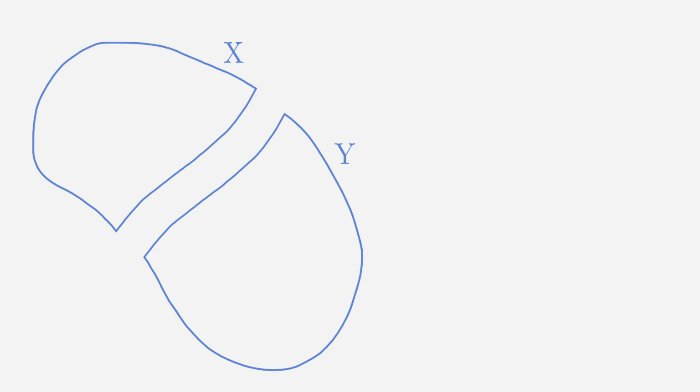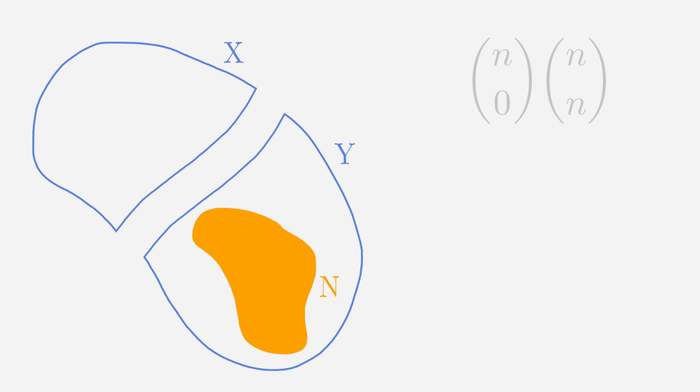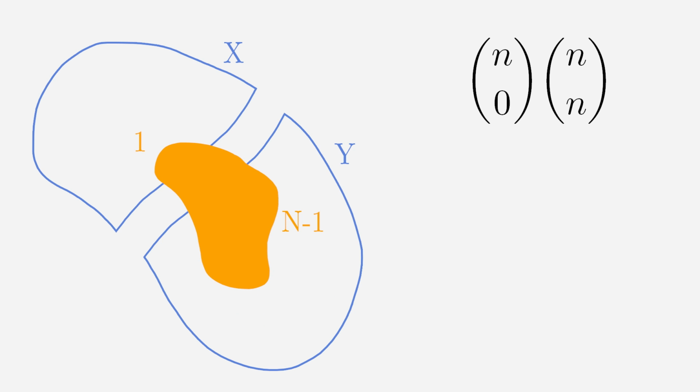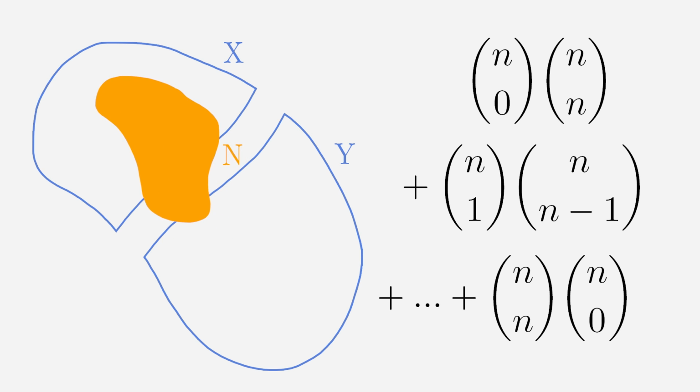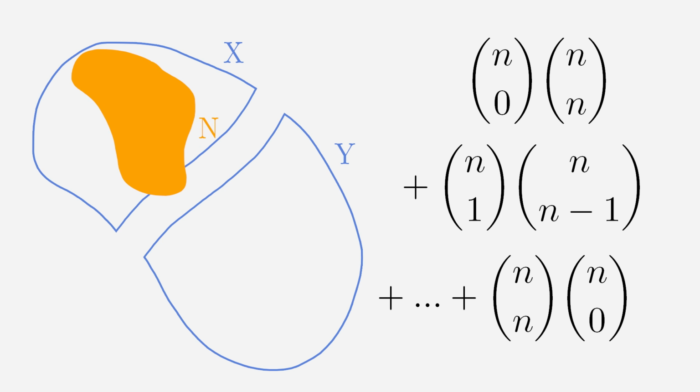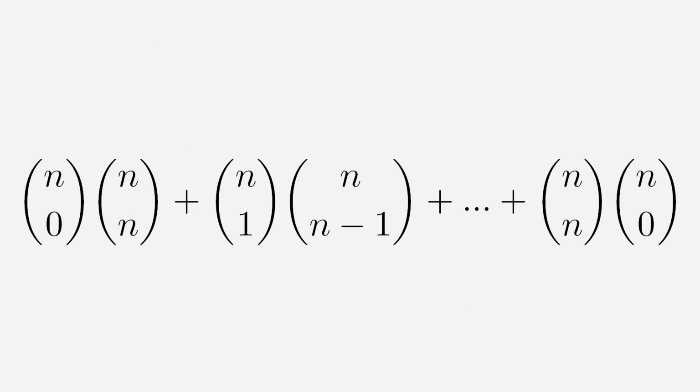If our choice contains 0 elements from X, then it contains n elements from Y, where this action is represented by n choose 0 times n choose n. If it contains one element from X, then it contains n minus 1 elements from Y, and so on. Since these cases are disjoint, the total number of choices is represented by this sum.